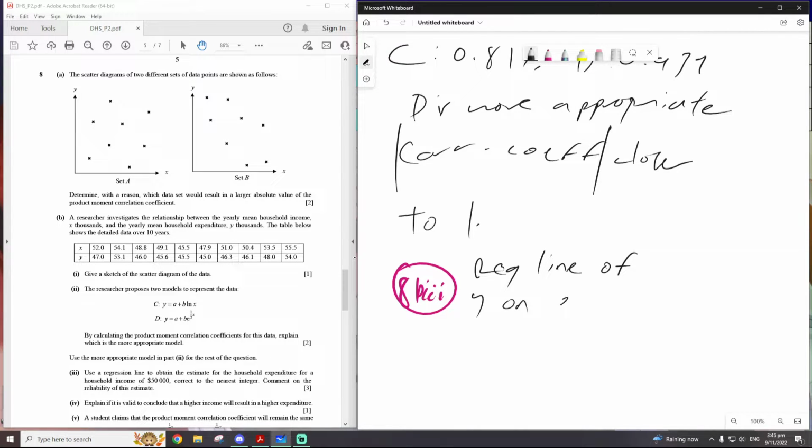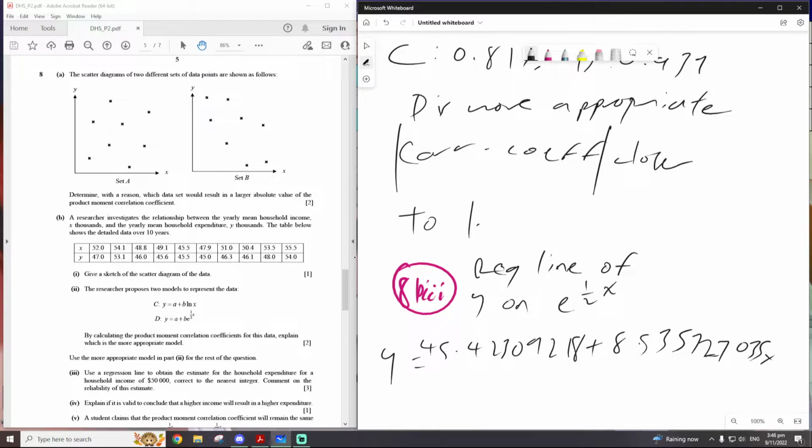But it's actually y on e power half x. Okay, you will get y equals 45.423092118 plus 8.535727.035 times 10 to the power of negative 12.